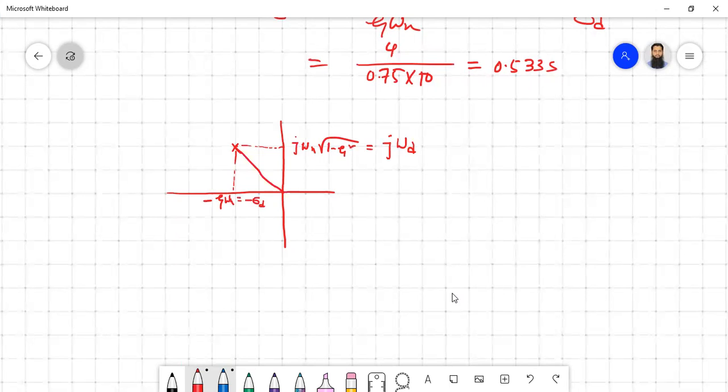Always remember there's a complex conjugate, because the complex or imaginary pole doesn't appear alone. It always has its complex conjugate.